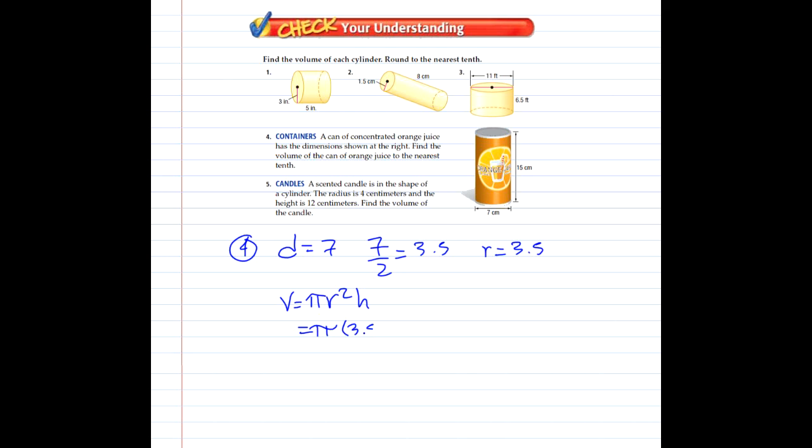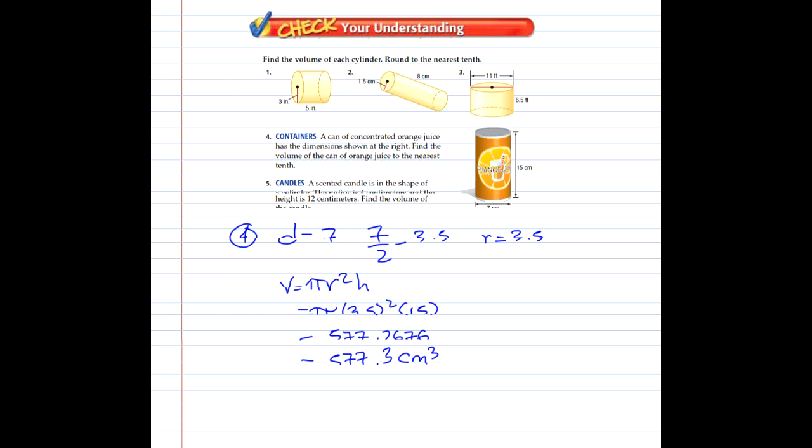Pi times my radius, which is 3.5, squared times my height, which is 15, gives me a volume of 577.2676, which I'm going to round to 577.3, and in this case it is centimeters cubed.